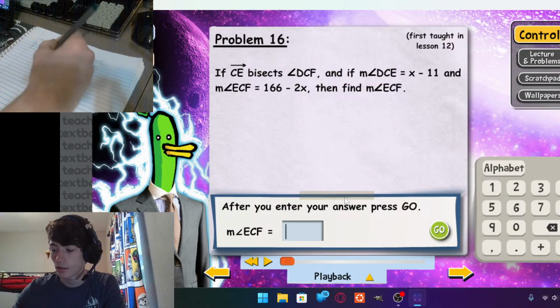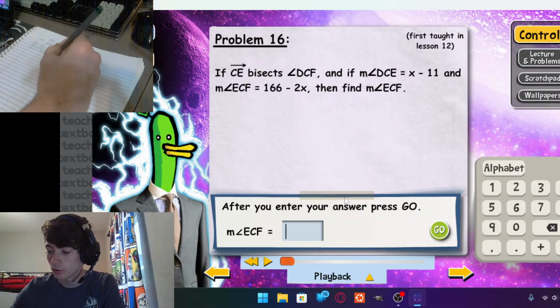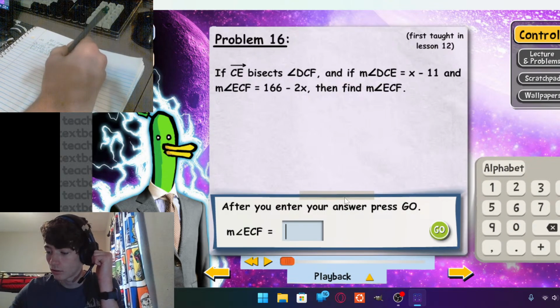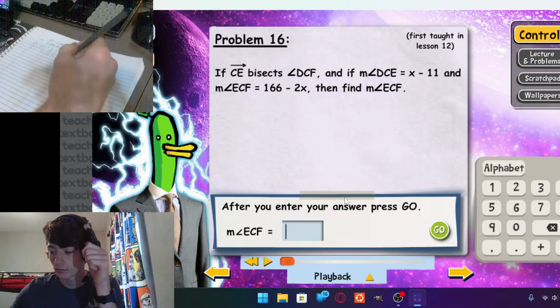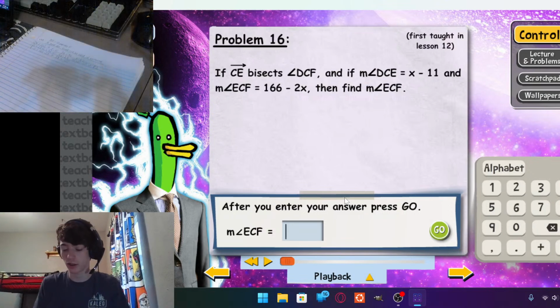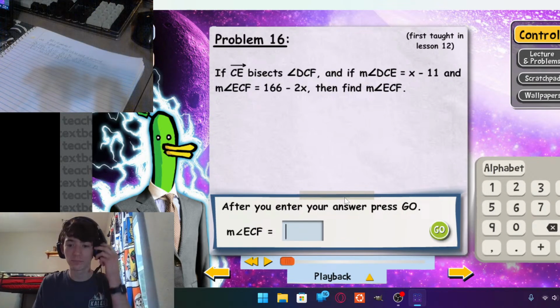So in this equation, I'm going to move the 2x to the first side and the 11 to the second side, which will give us 3x equals 177, right? It should. Yeah, that'll be it. And then we just got to divide 177 by 3. Pretty simple. I just hit my mic. I'm sorry.